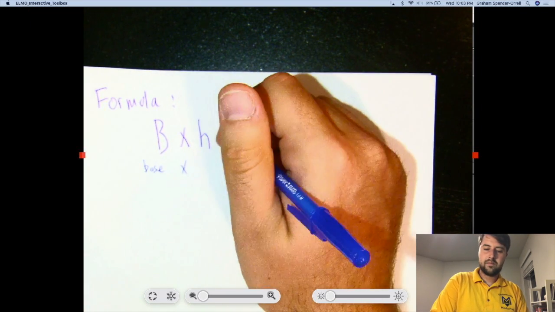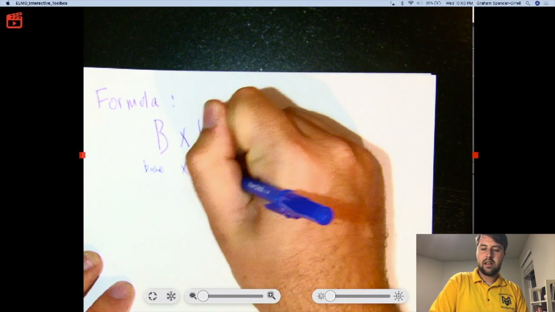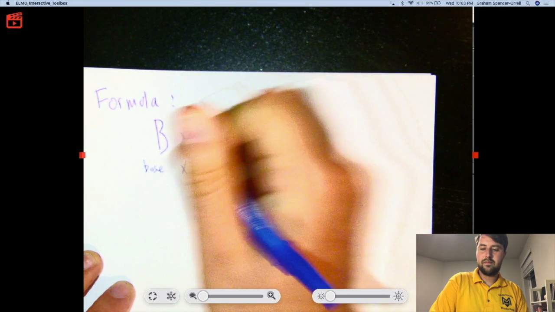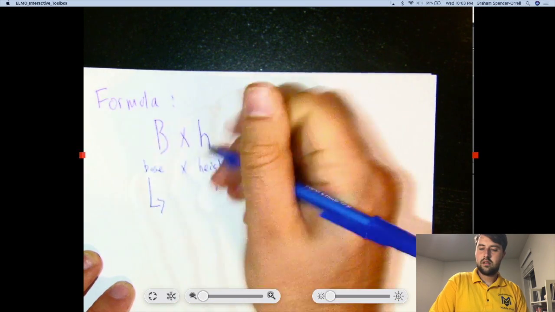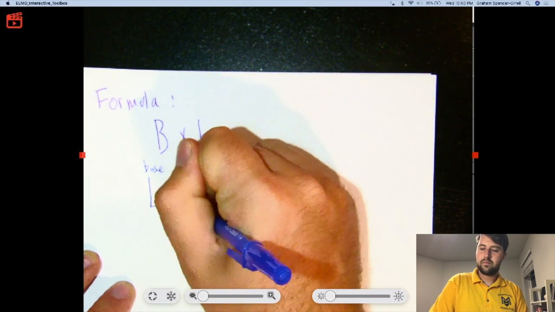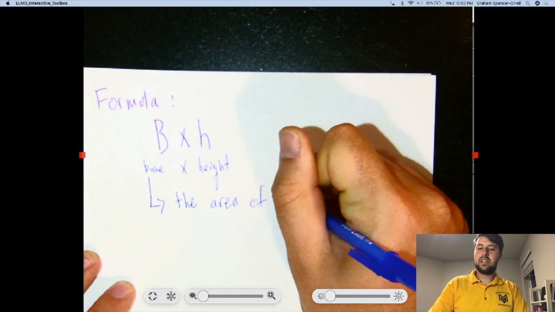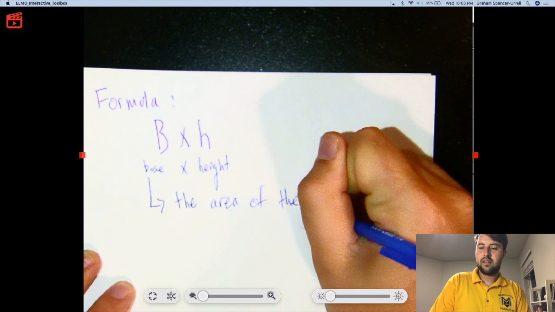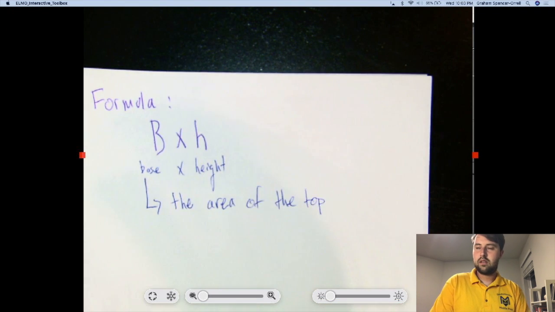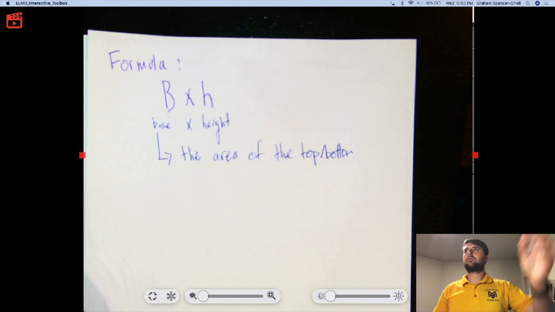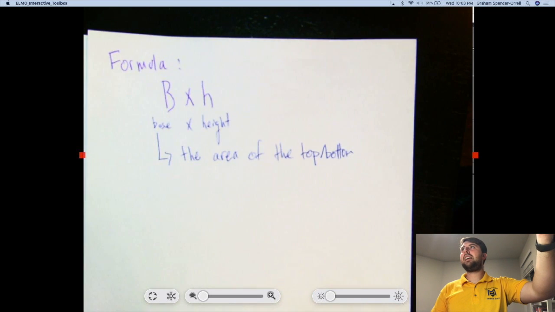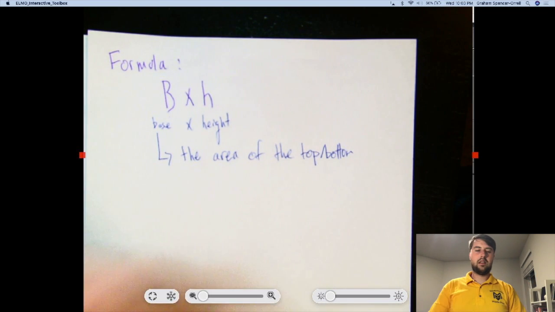This base is the area of the top or the bottom. And of course, with our prism, the top and the bottom are going to have the same area. They're the same size. So our formula is just base times height.